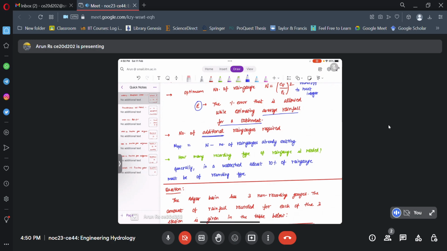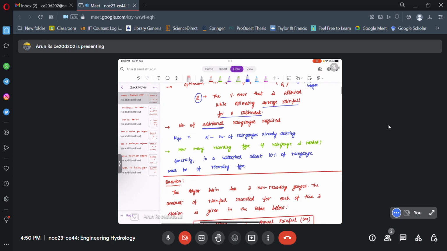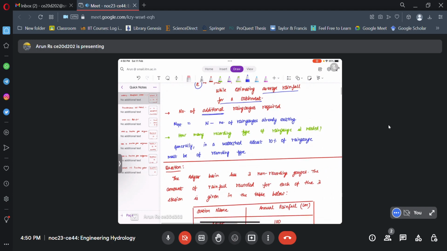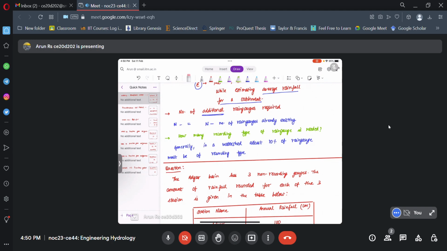The number of additional rain gauges is equal to the total number of rain gauges, which is N optimal, minus the number of rain gauges that already exist, which will be given in your question.